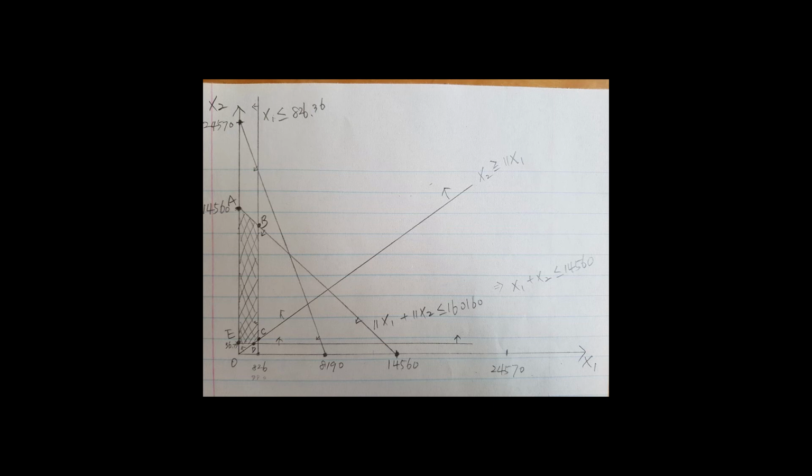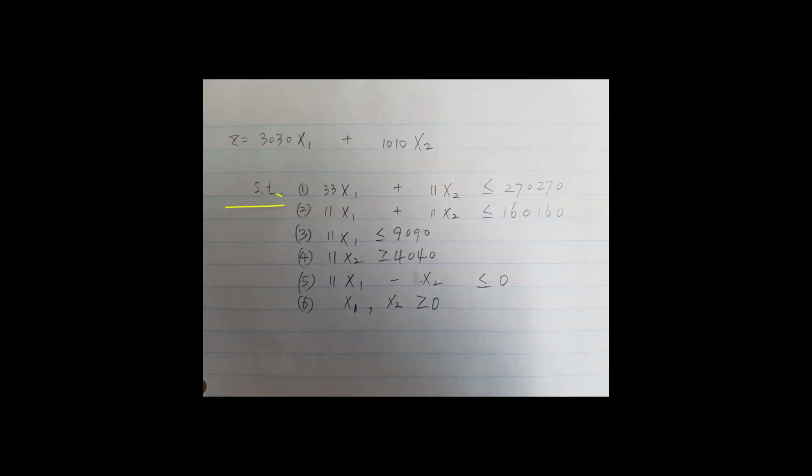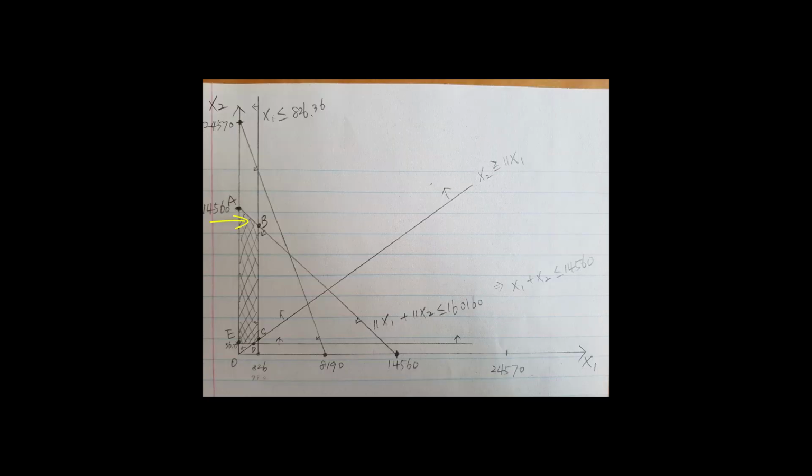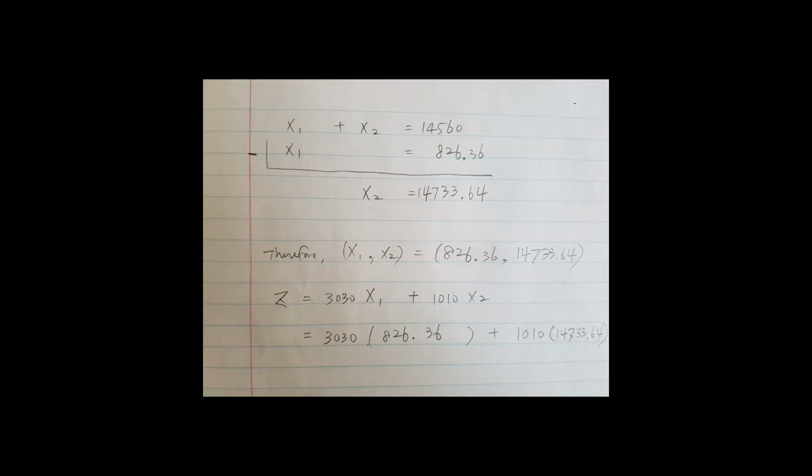Now we need to calculate the coordinates of B. And how do we do that? If you look at this point, we find that this equation x1 plus x2 is less than or equal to 160, and this vertical line, which is x1 is less than or equal to 82.36, are intersecting together, so we have to set them equal and calculate for the solution.